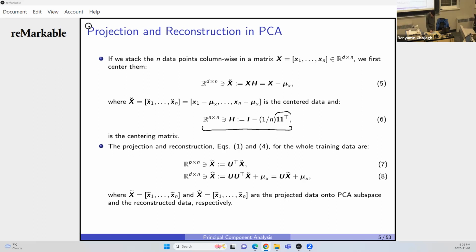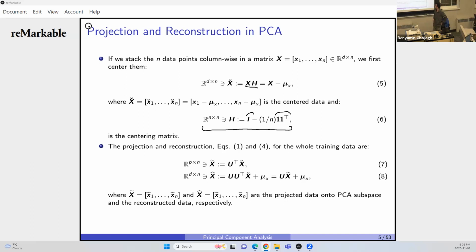This is the matrix of all ones, but this is the matrix where the diagonal is 1 only, and the rest is 0. So XH, what does it do? We talked about it in the preliminaries. It removes the mean of columns. HX removes the mean of rows. HXH removes the mean of rows, the mean of columns, and adds back the total mean. That was called double centering, right?